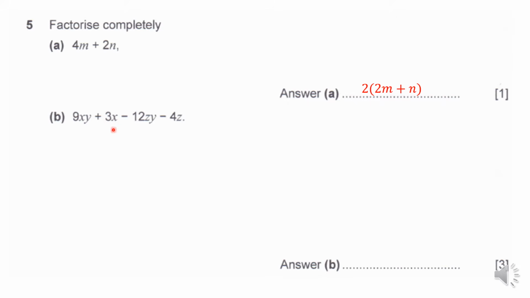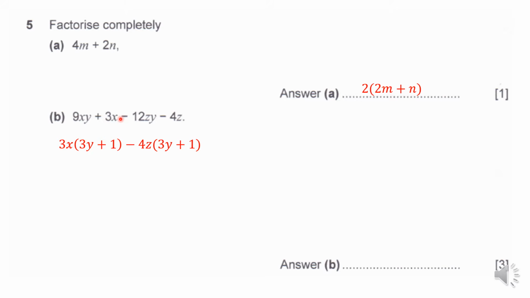Here you have 4 terms, and they are not quadratic. The way you deal with 4 terms, you either have to look for common factors or you have to group. So you can group, and what I did here is I look at what is common: 3x between 9xy and 3x here. 3x is common, leaving me with 3y plus 1. That is, 3x times 3y gives you 9xy, and 3x times 1 gives you 3x.